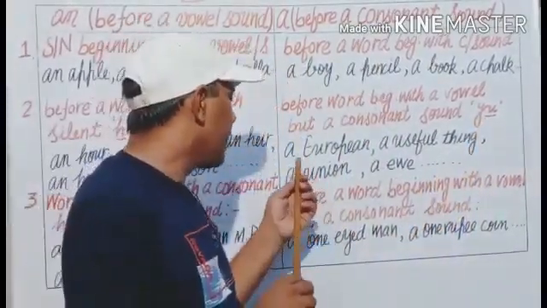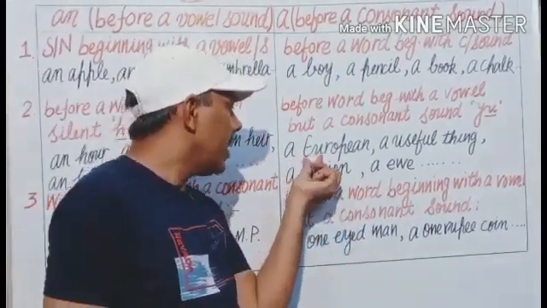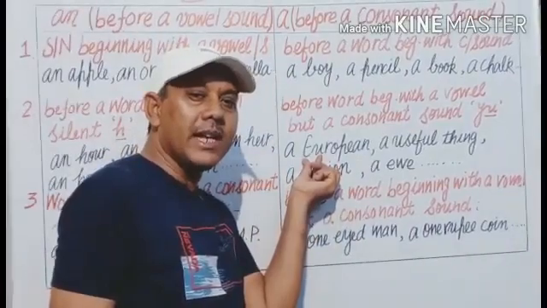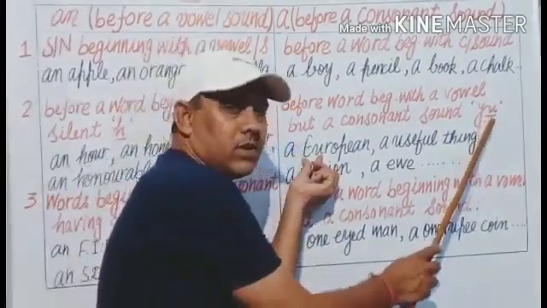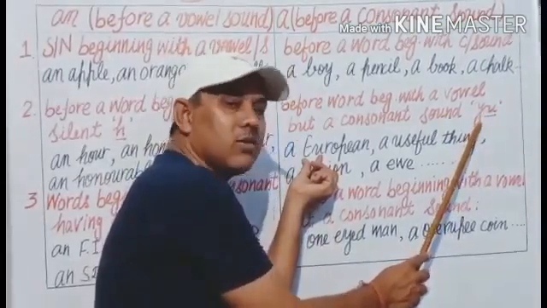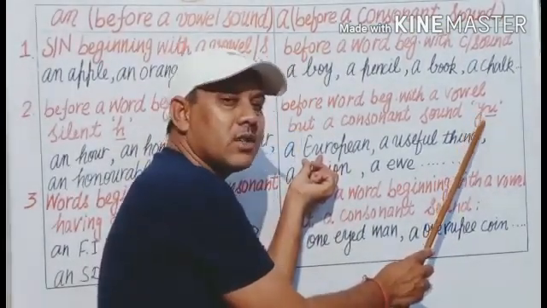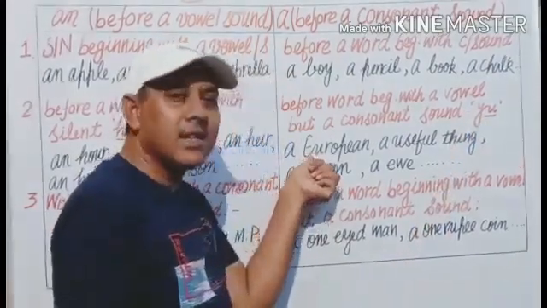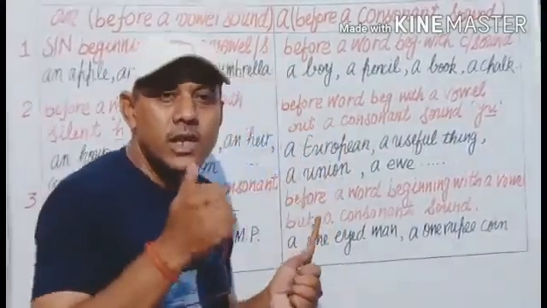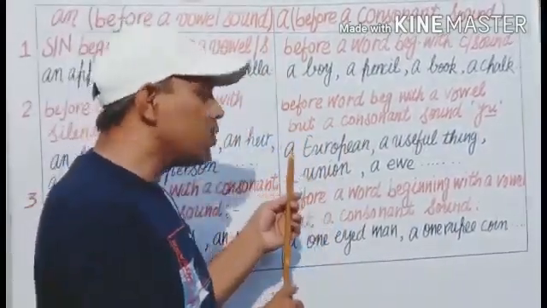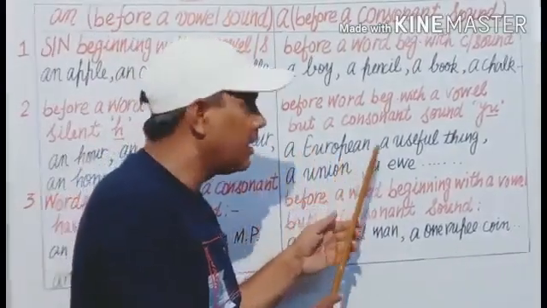For example, a European. Here, the beginning letters E and U produce a yu sound. And this ya sound is a consonant sound. Although it is a vowel, these two vowels produce a consonant sound. That's why we use a before it. A European.